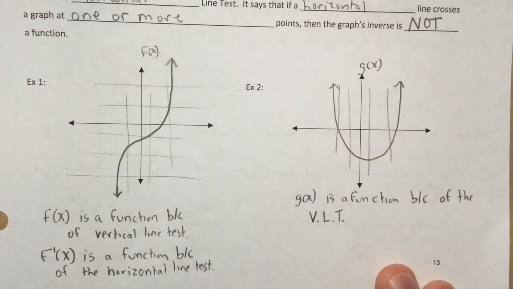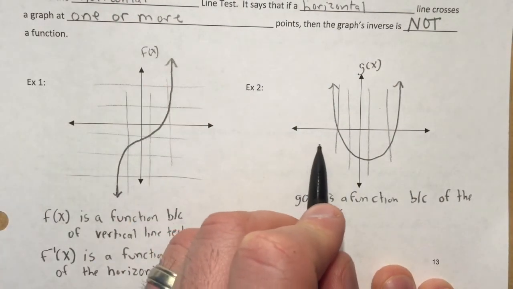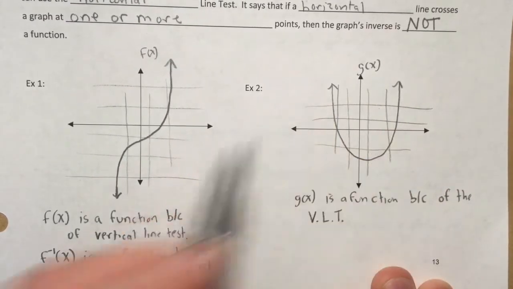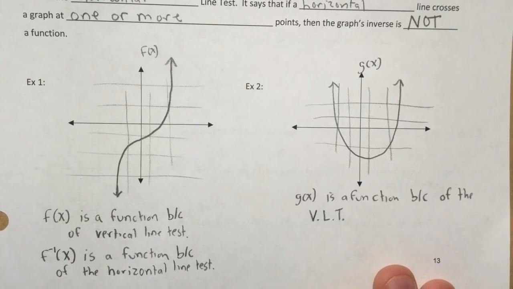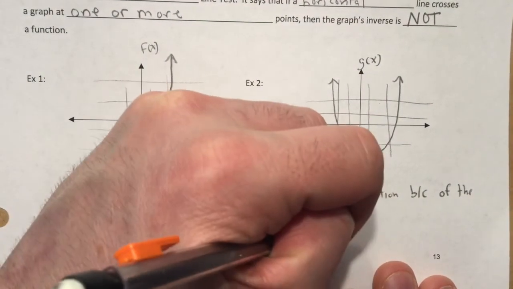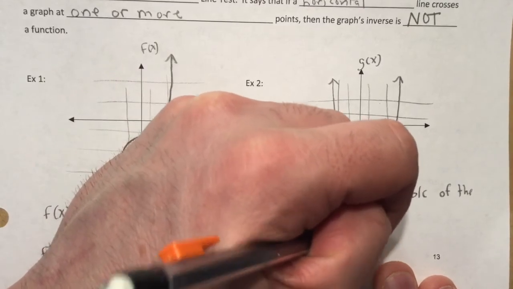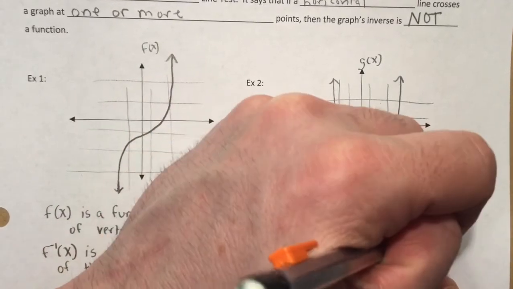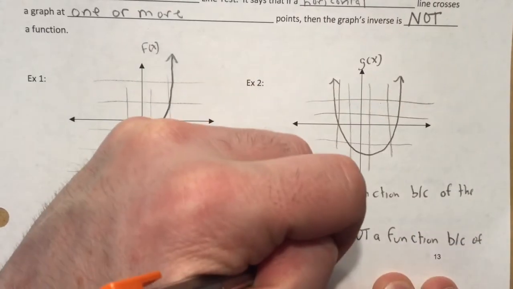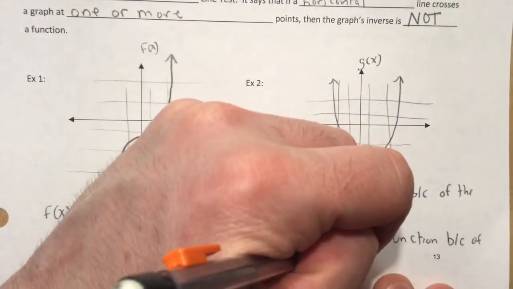And without even graphing the inverse, I can do the horizontal line test. Since these horizontal lines are crossing at two spots, which is more than one, I know that g inverse of x is not a function because of the horizontal line test.